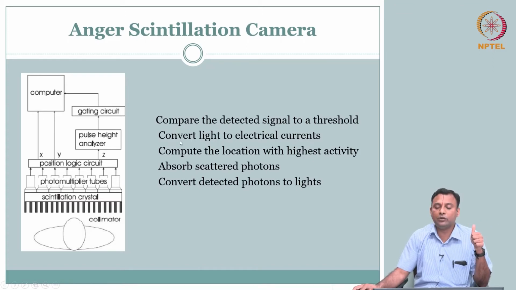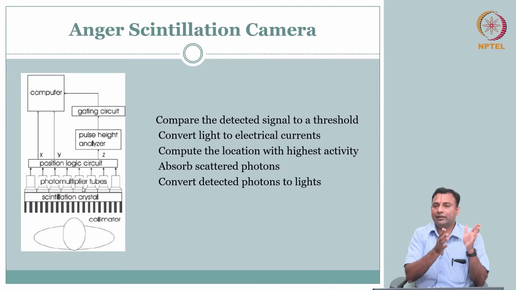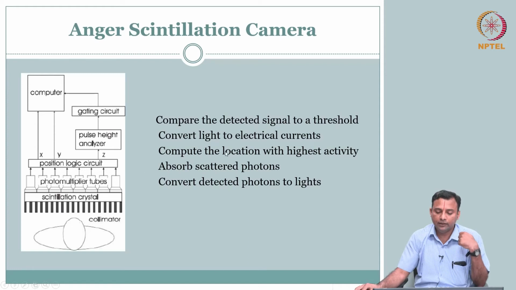The idea here is you convert the light signal, which was, so in your X-ray, if you wanted to think about, we had this intensifying screens. So, the light photons were directly captured on the X-ray film, whereas here what happens, it is not directly, that light photon is further converted to electrons and then, right, compute the location.